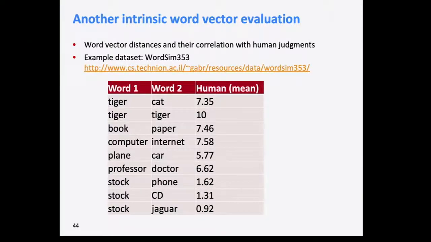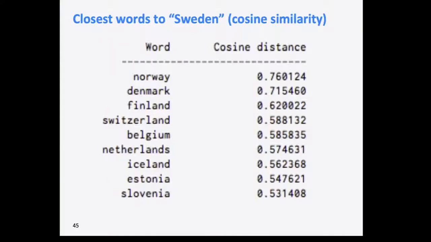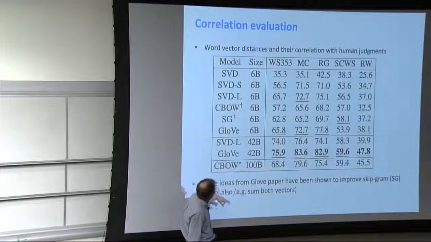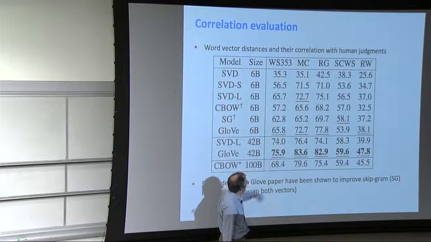So then what we're doing is wanting to say, let's use distance in the space to map directly onto these similarity judgments, and how well does it map. That sort of similarity judging has also been used for evaluating these systems. Again, here are a lot of models, from our GloVe paper, and there are these various similarity data sets.